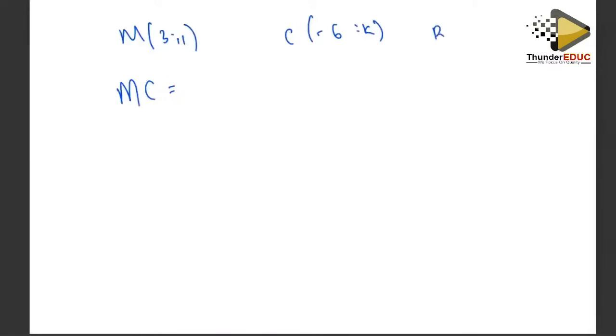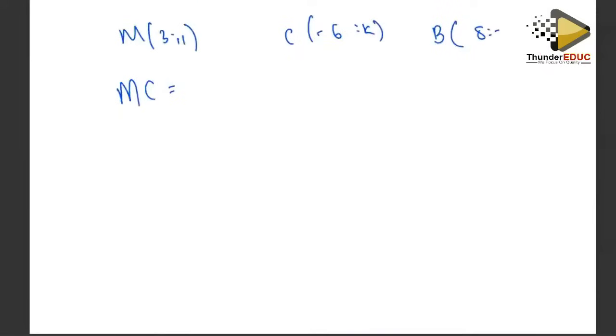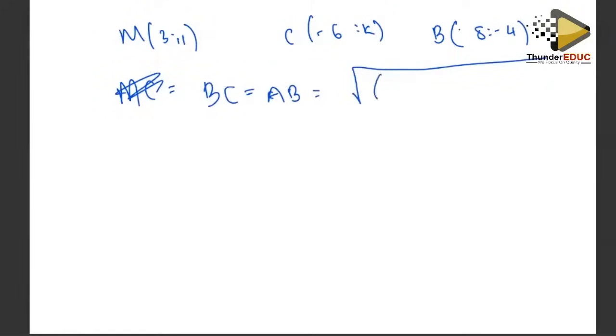B is (8, -4). So BC, which is the same as AB, should be the square root of 8 minus -6 squared plus -4 minus K squared. You can arrange it in whichever way you find convenient. Then we equate this to 10 square root of 2. Let's open up there: 8 and 6, which is 14.